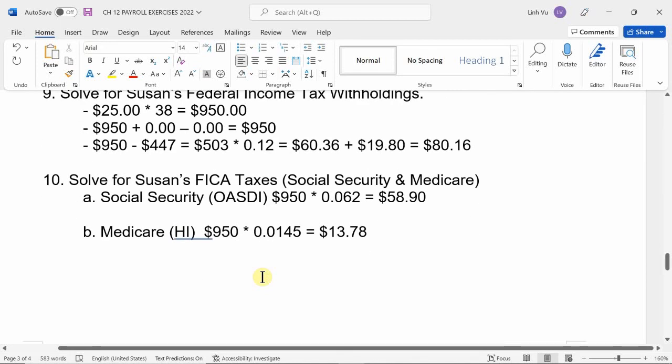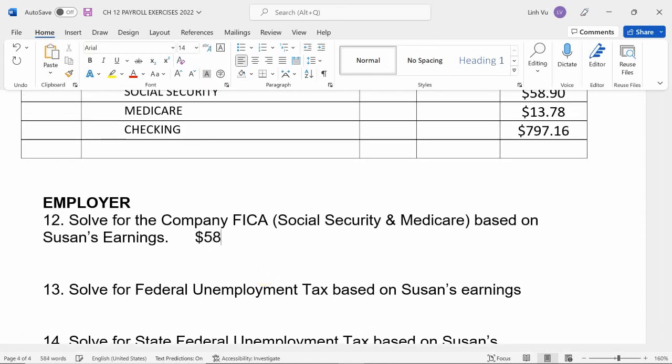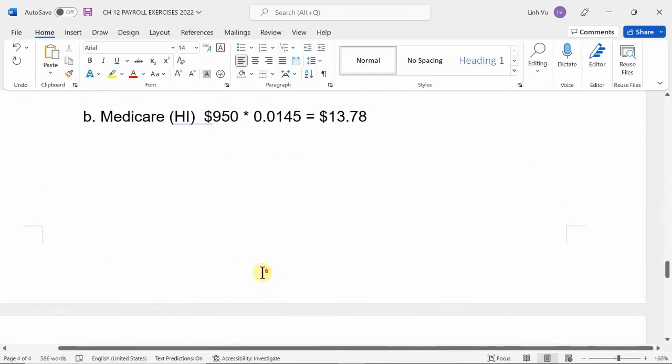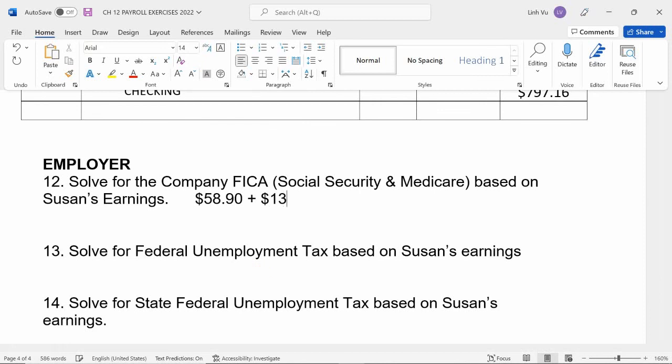Social Security is $58.90 and Medicare is $13.78. So the grand total company FICA is $72.28.